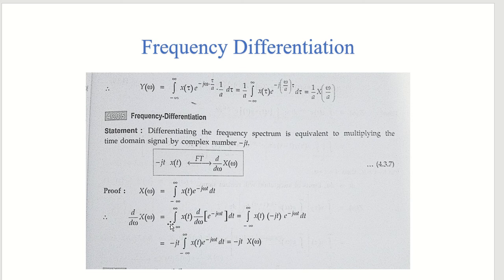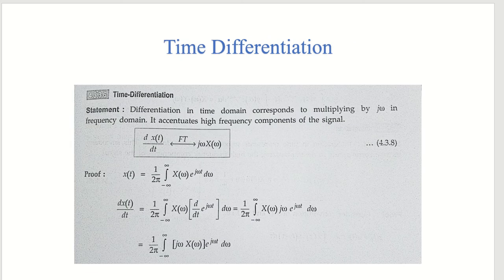By taking minus jt outside the integral, we will be left with the integral of x of t e raised to minus j omega t dt, which is basically the formula for the Fourier transform of x of t. So we will be left with minus jt into X of omega, and that defines your frequency differentiation property. After the frequency differentiation property, we have the time differentiation property, which is quite similar to the frequency differentiation property.